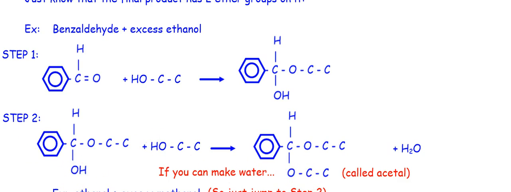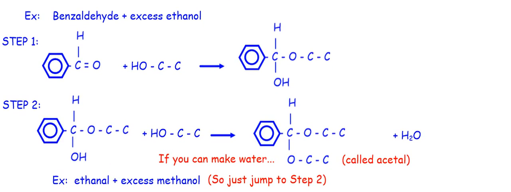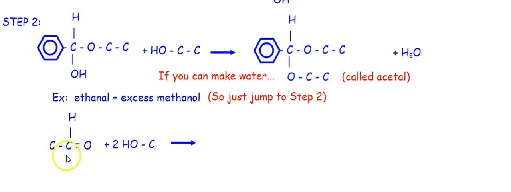So for example, if I just want to go to the end, if I want to have ethanol and lots of methanol, what am I going to do? So here's my ethanol, here's my methanol, so what am I going to make? Well, I'm going to make my end products. Just jump to step 2.